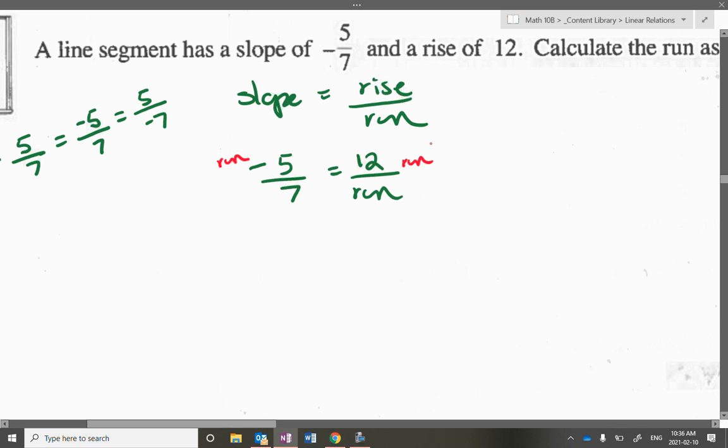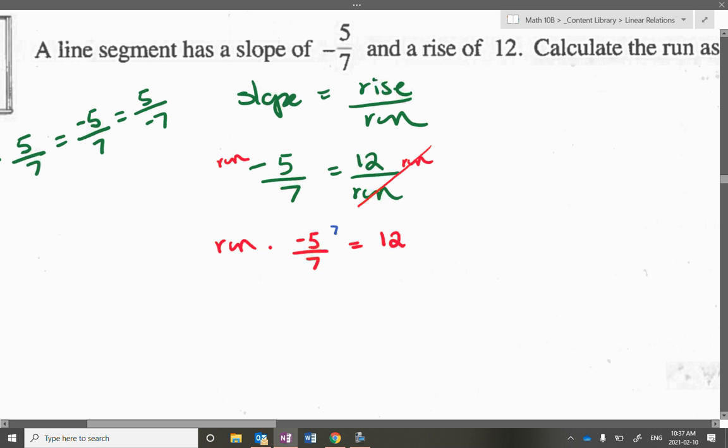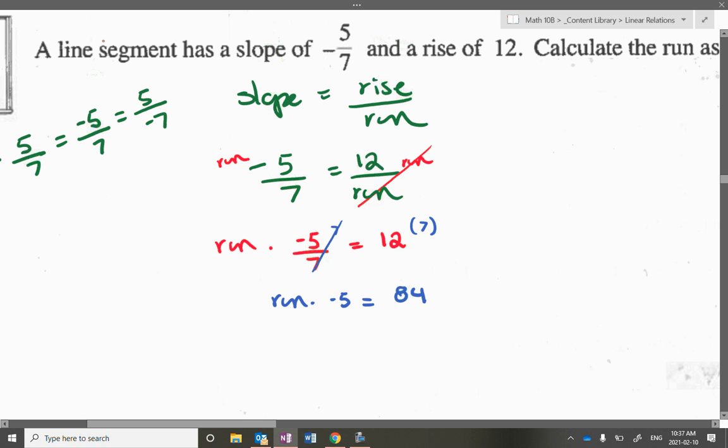So now it's going to be run times negative 5 over 7 equals 12. Multiply both sides by 7, cancels out the 7 in my denominator. Twelve times 7 is 84. Then I would divide both sides by negative 5.